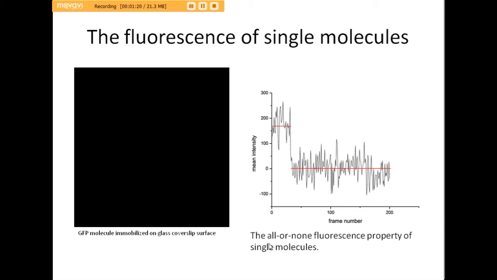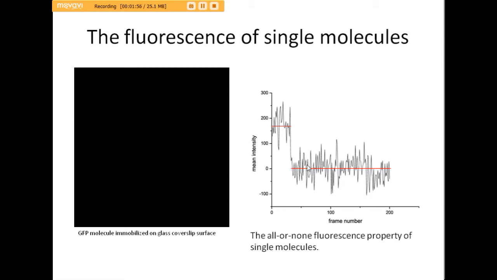So single molecule fluorescence displays an all-or-none property. If we observe a single molecule's fluorescence and plot its intensity on the y-axis against time or frame number on the x-axis, we can see that its fluorescence intensity remains the same at the beginning, and suddenly, within an instant, it loses its fluorescence.